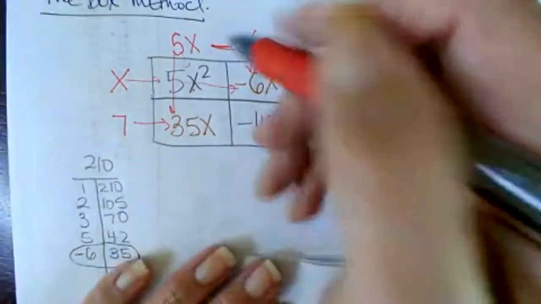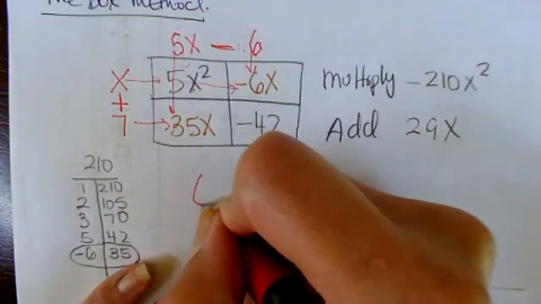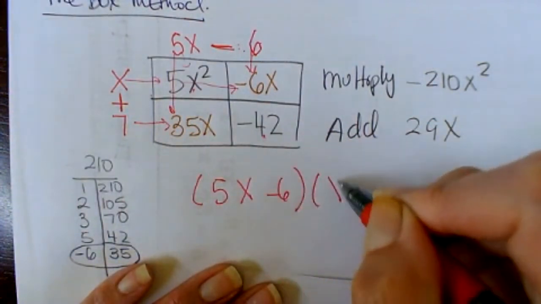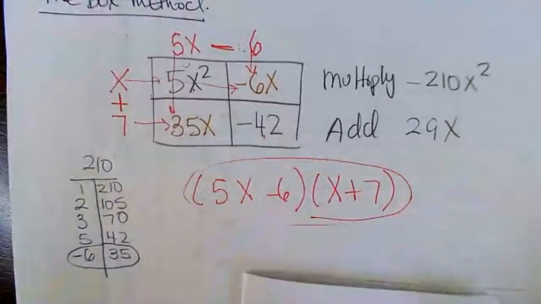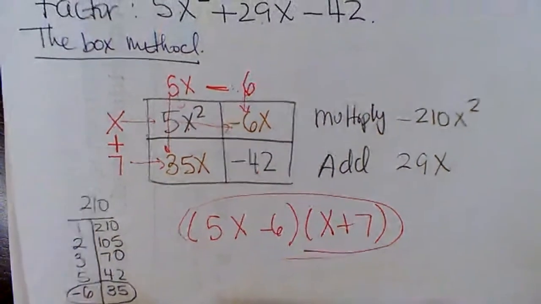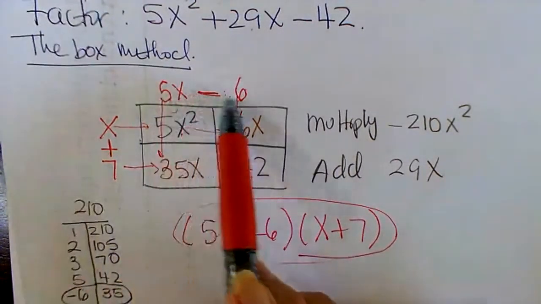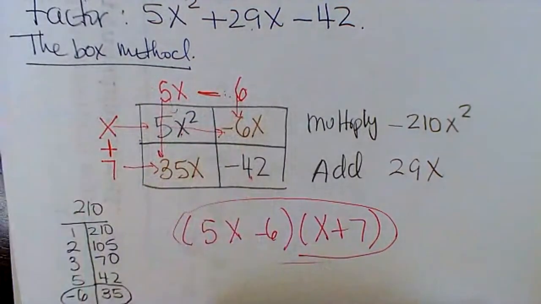So this is the one that needs to be negative, and this is the one that is going to be positive. So my answer is going to be x minus 6, x plus 7. And I just factored the trinomial. The answer is going to be this one and this one. It does not matter the order at all.